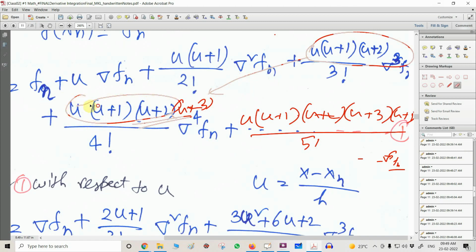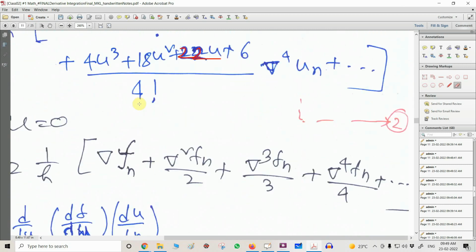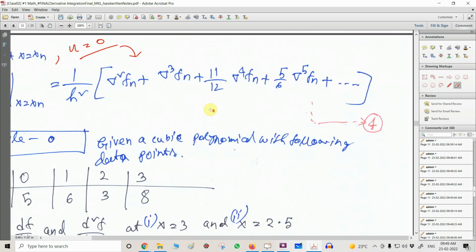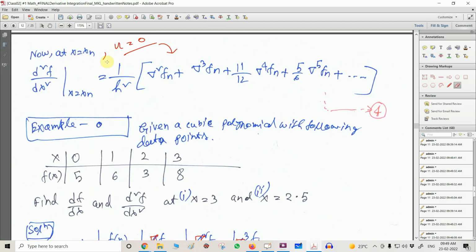You did that? Okay. Now you have the final value: 1 by h squared equals this value at x equals xn. Now let's solve this simple problem.